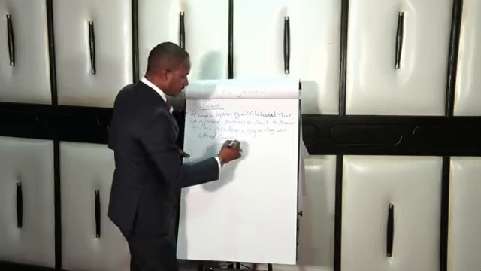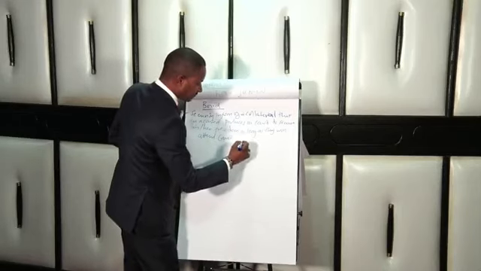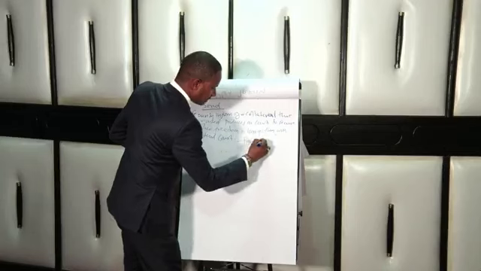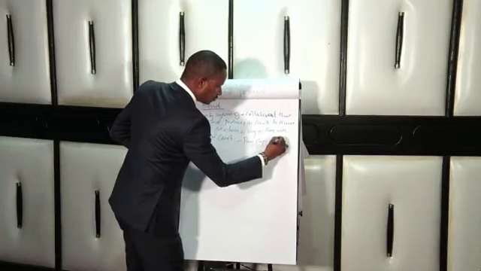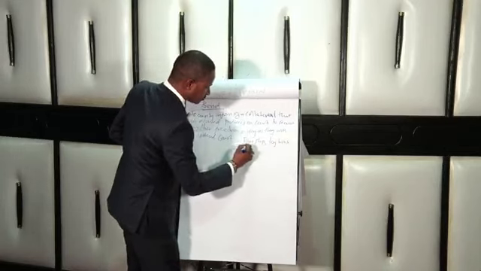The collaterals can be a pay slip, a logbook, and can also be a title deed.